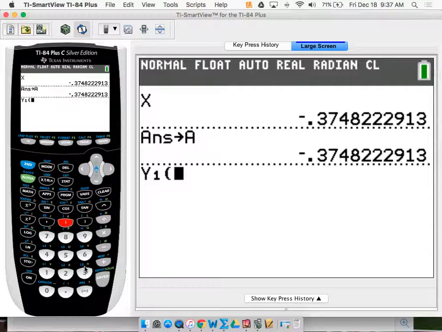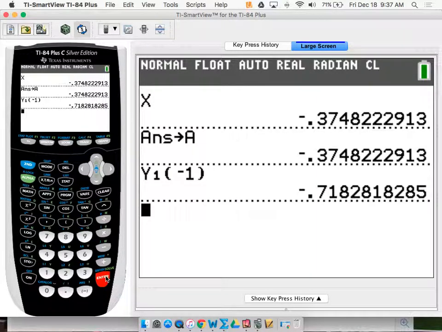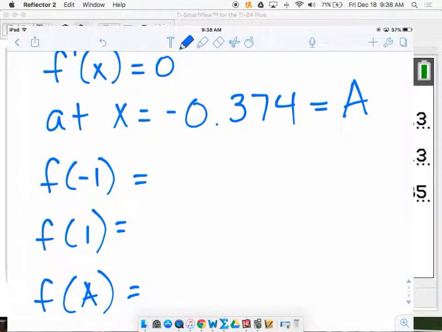And then you're going to evaluate it at negative 1, because that's your first endpoint. And then hit enter. So the original equation at negative 1 gives me negative 0.718. Okay, you would write that on your paper.